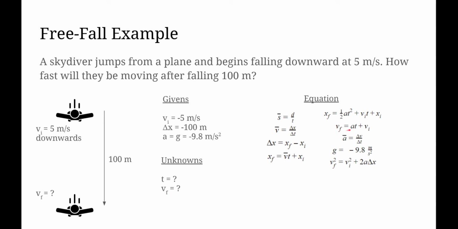So this first one, v final equals at plus vi. We know vi, we know a, but we don't know t and we don't know vf. So we wouldn't be able to use this equation to solve it. If we look down here, final velocity, we know initial velocity, we know acceleration, we know displacement. So we have everything in this equation except what we want, which is final velocity, which is why we use that equation.